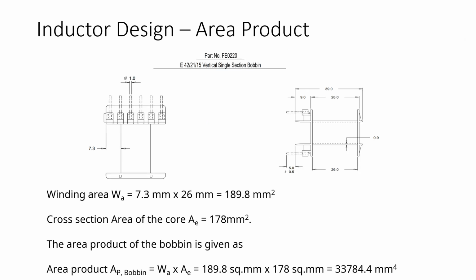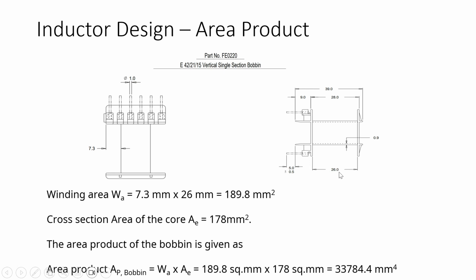Here I have shown how to calculate the area product for inductor design. Here is the bobbin shown, and here we can see that this is the area where we can bind our winding. So this area is equal to 7.3 multiplied by 26. So this is the width of the area, and this is the length of this area.